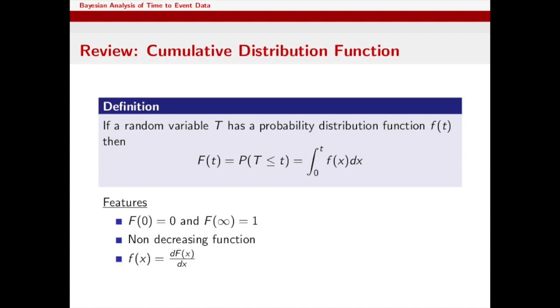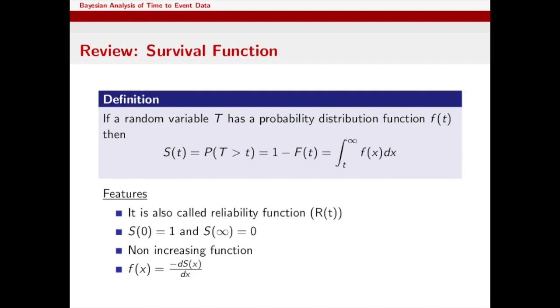I don't know why we have to do big T's and little t's, and anyways, when we are dealing with continuous distribution, the CDF gives the area under the probability density function from minus infinity to little t. Some features of the CDF include it being equal to 0 at t equals 0 and approaches 1 as t increases. It is a non-decreasing function.